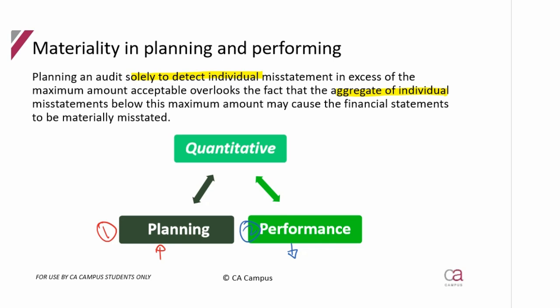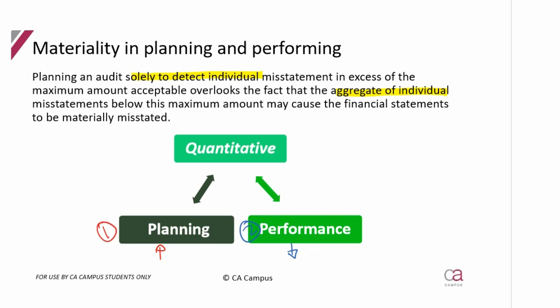Look at that again. If we plan it solely to identify misstatements above the maximum, we are going to ignore misstatements that are below the maximum amount. But when added up, they exceed the maximum amount, and then ultimately the financial statements are not free from material misstatements as a whole, because when I add them up, they exceed that material figure.